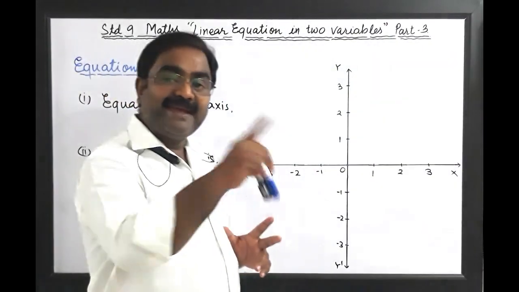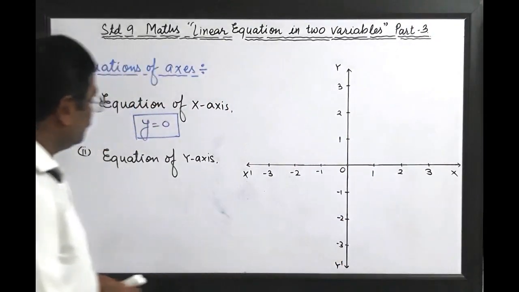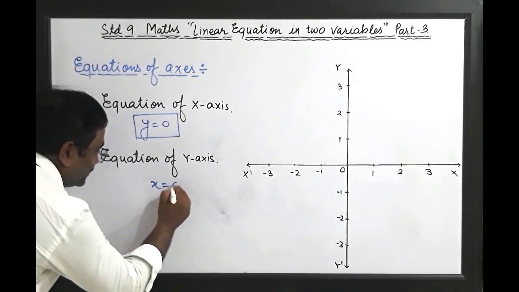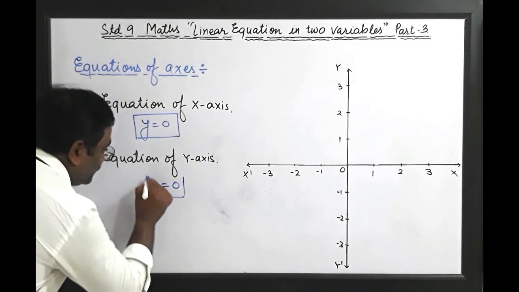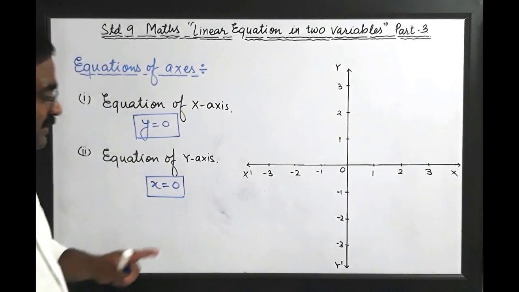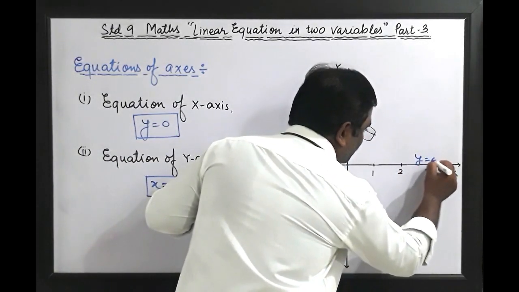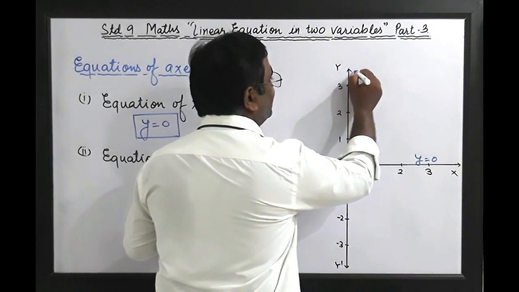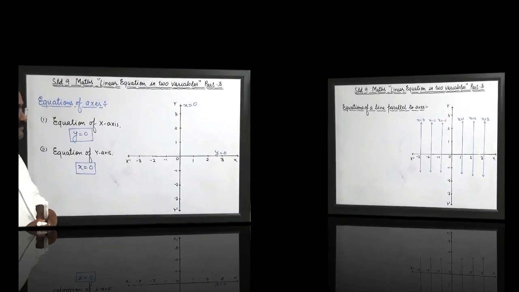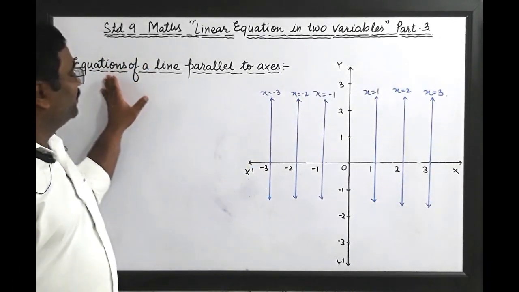Means the coordinate of x will always be 0 on y axis. That's why the equation of y axis is x is equals to 0. Right? So you just keep it in mind. Equation of x-axis is y is equals to 0 and equation of y-axis is x is equals to 0. Right, children?